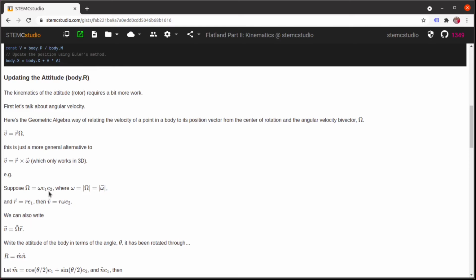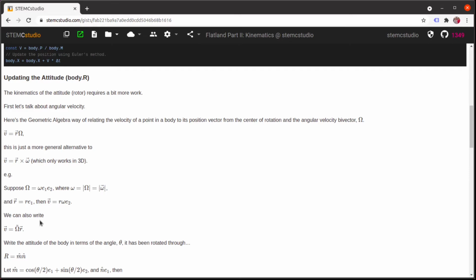And in fact, because e1 and e2 we've defined to be orthogonal, you should recall that e1 times e2 is the same thing as minus e2 times e1. And that's because e1 and e2 are orthogonal, so e1 dot e2 is 0, and so you're left with e1 e2 equals e1 wedge e2, which is antisymmetric. So this will be a useful way to represent our velocity vector in our coming proof.